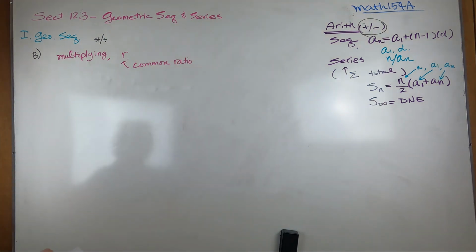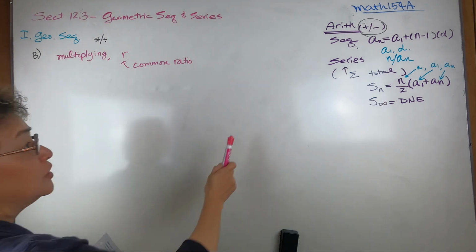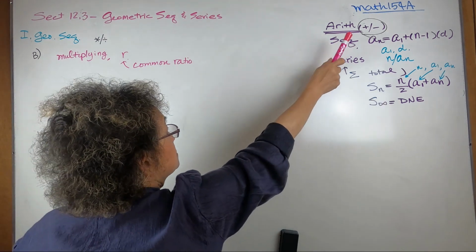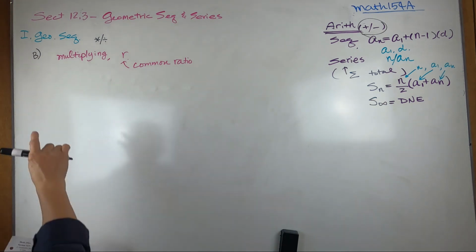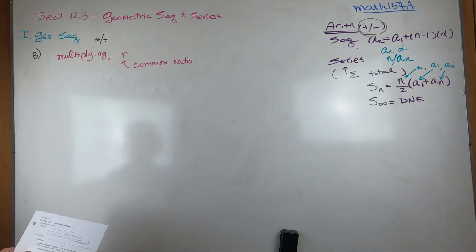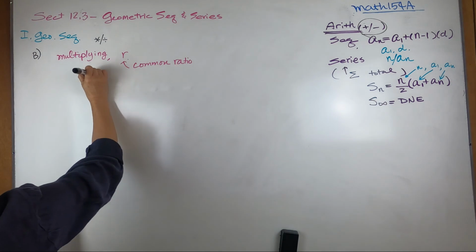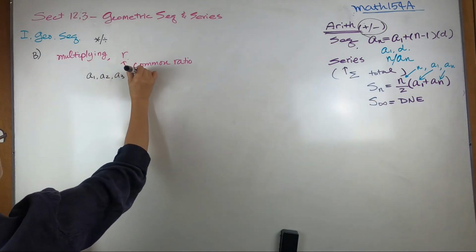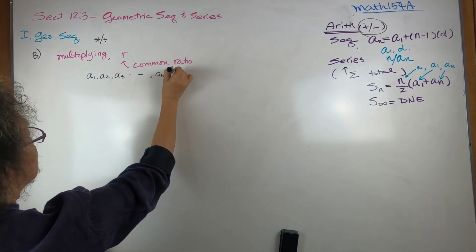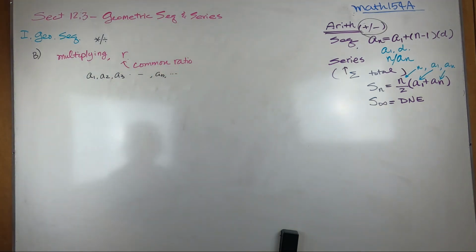For arithmetic sequences, we use the common difference. This one uses the common ratio. So we have a_1, a_2, a_3 to a_n, or to infinity.